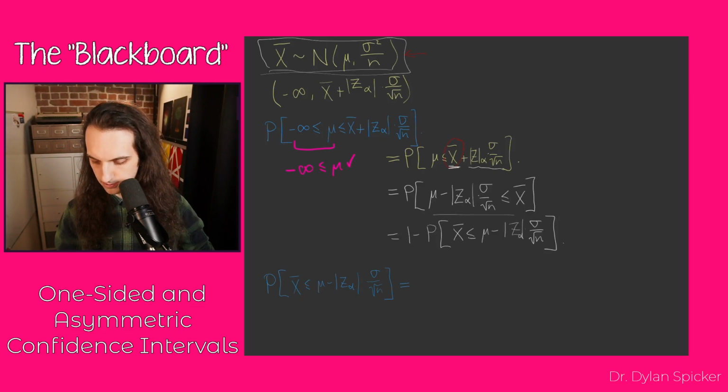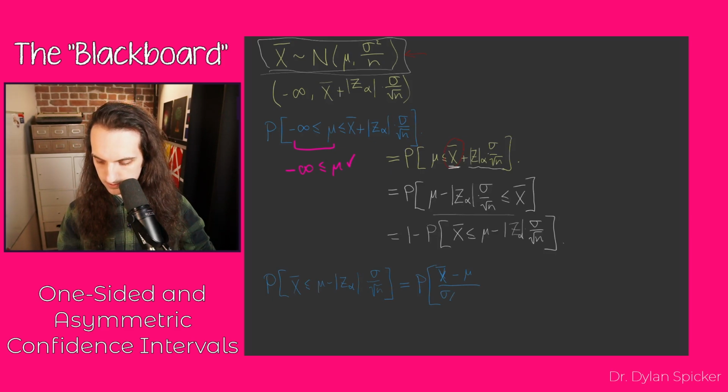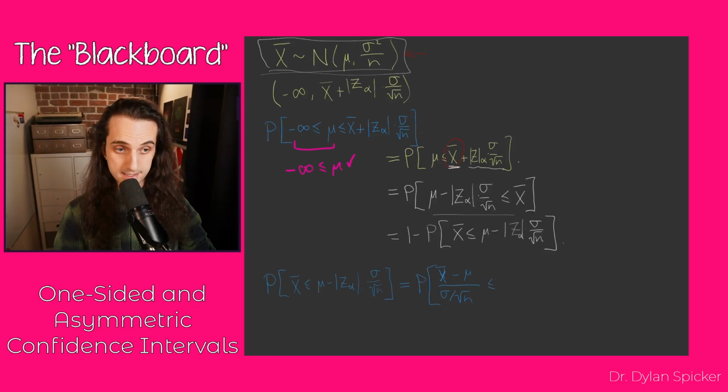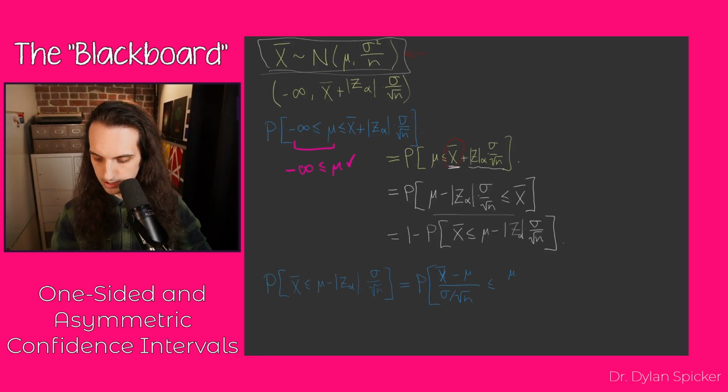That's going to be equal to the probability of x bar minus its mean, divided by sigma over the square root of n, is less than or equal to the same general term: mu minus z alpha times sigma over the square root of n, minus the mean, divided by sigma over the square root of n.